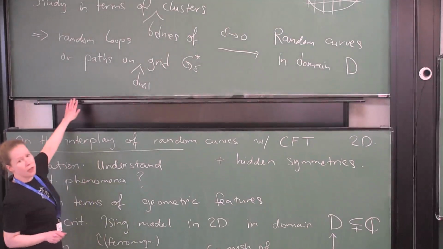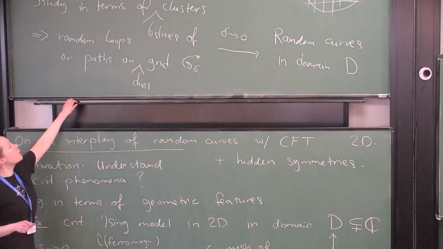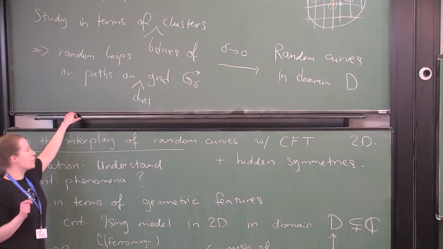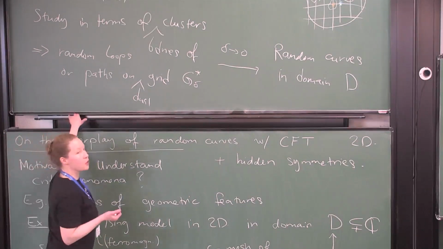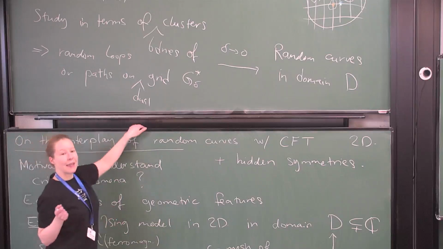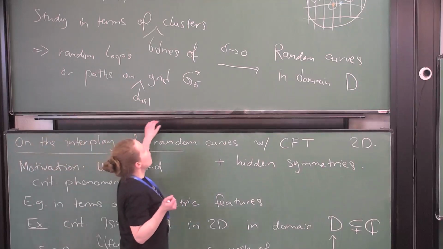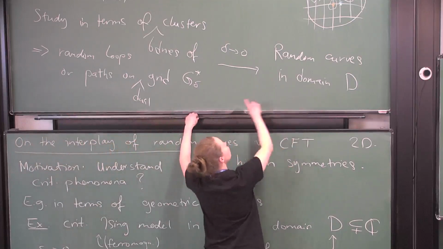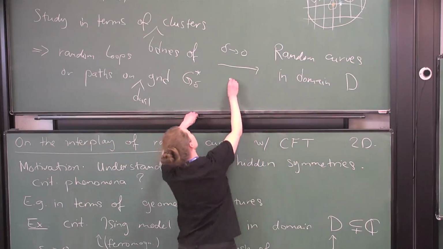And people have studied this a lot in the math literature. By the way, I will fail to cite all the important people in this talk, so my apologies already for that. I don't even attempt to do that. But here you can actually prove something rigorously.